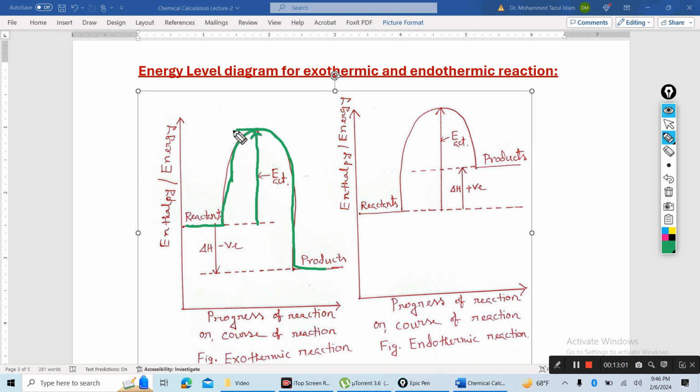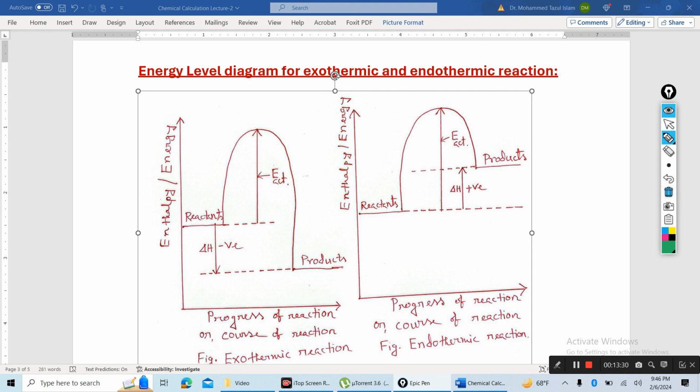This is the peak of the curve. The energy difference between reactant and peak of the curve is known as activation energy. To start this reaction, this energy is a must. If reactant has less energy than this energy, the reaction will not happen.